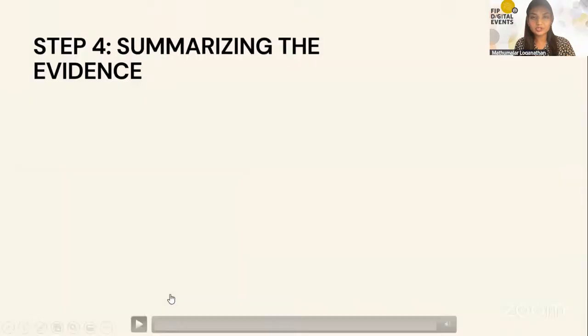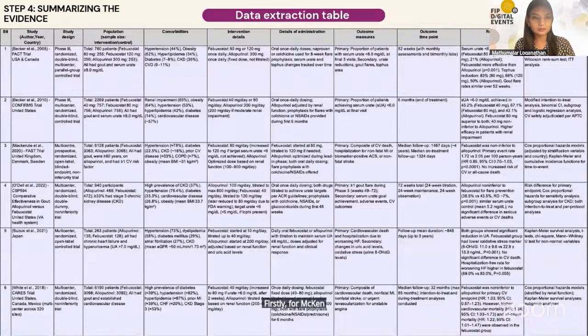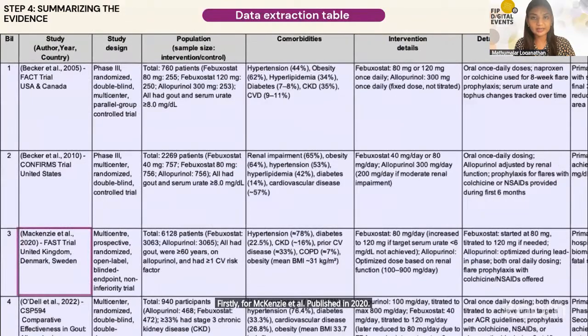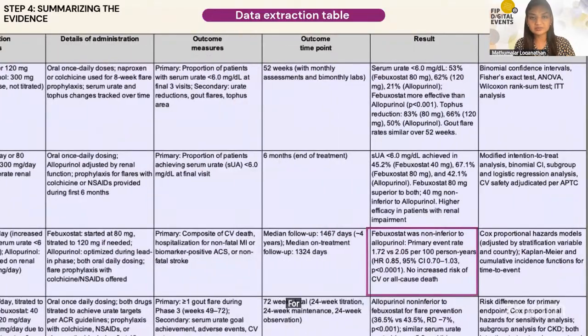And now I will go through the key individual trial findings. Firstly, for McKenzie et al., published in 2020, febuxostat was non-inferior to allopurinol for composite CV outcomes.